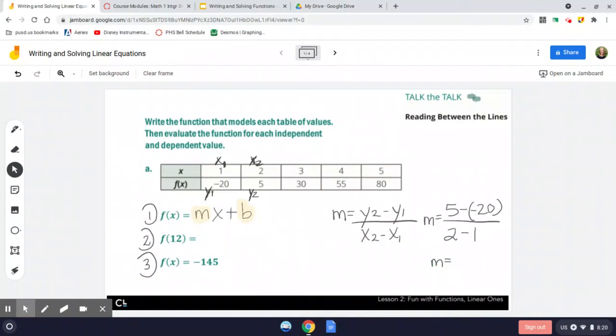Now I can just solve. 5 minus a negative 20 is 25, and 2 minus 1 is 1. 25 over 1 is just 25. So now we know our slope. Instead of m in number 1, I'm going to plug in 25.